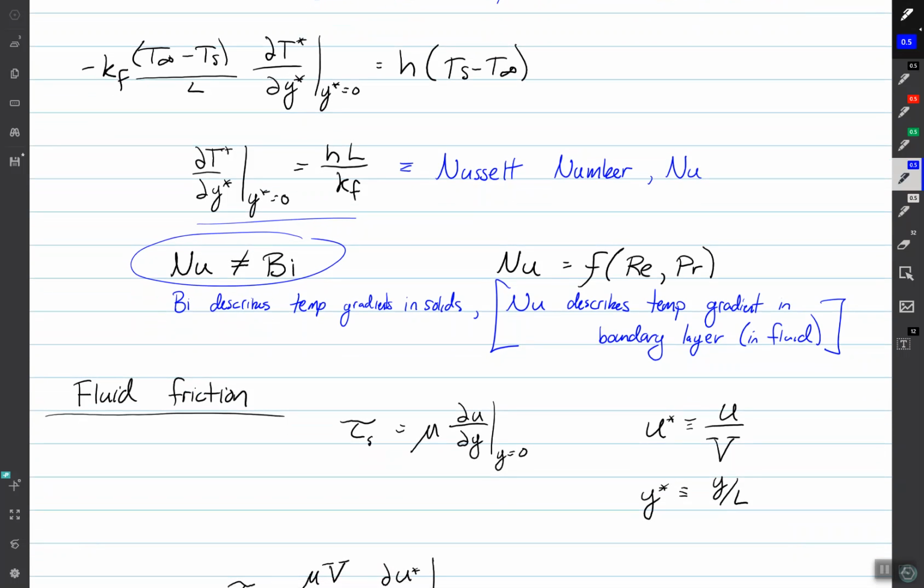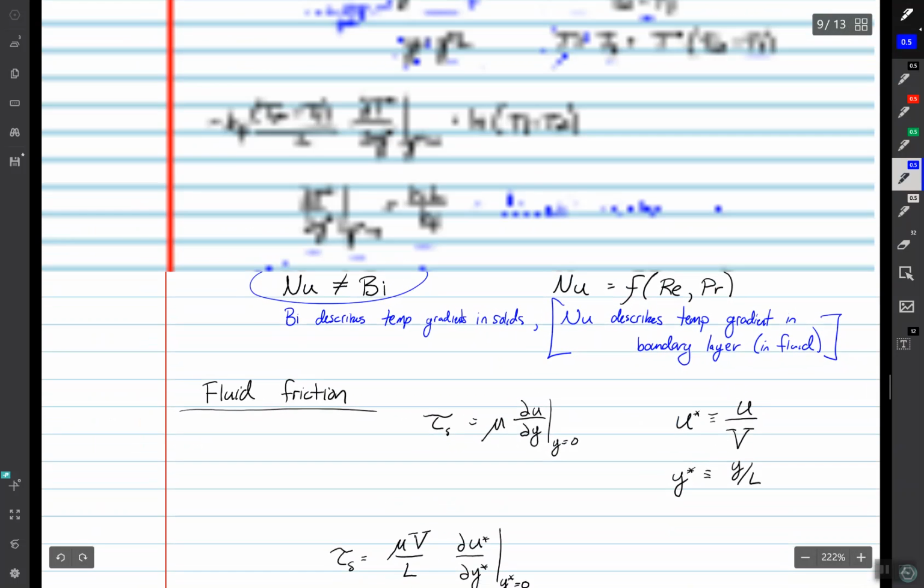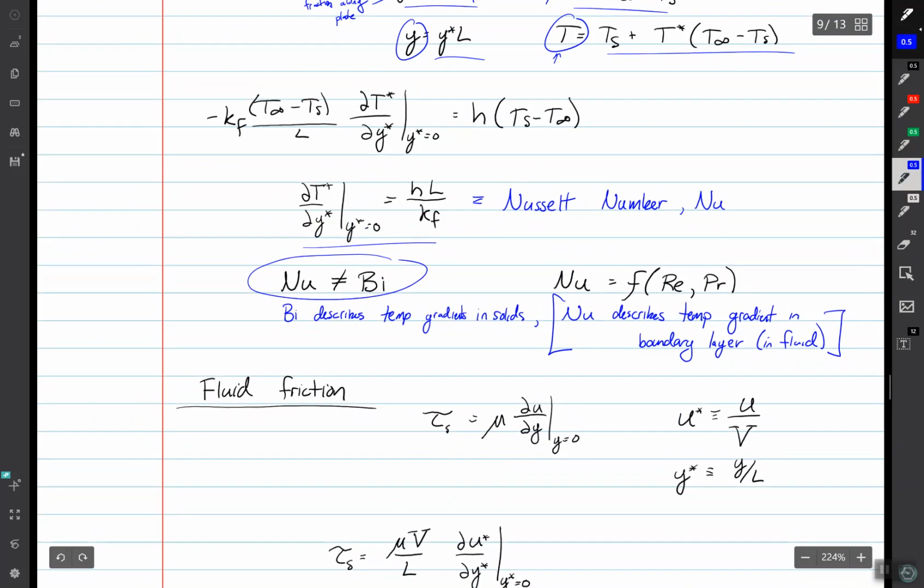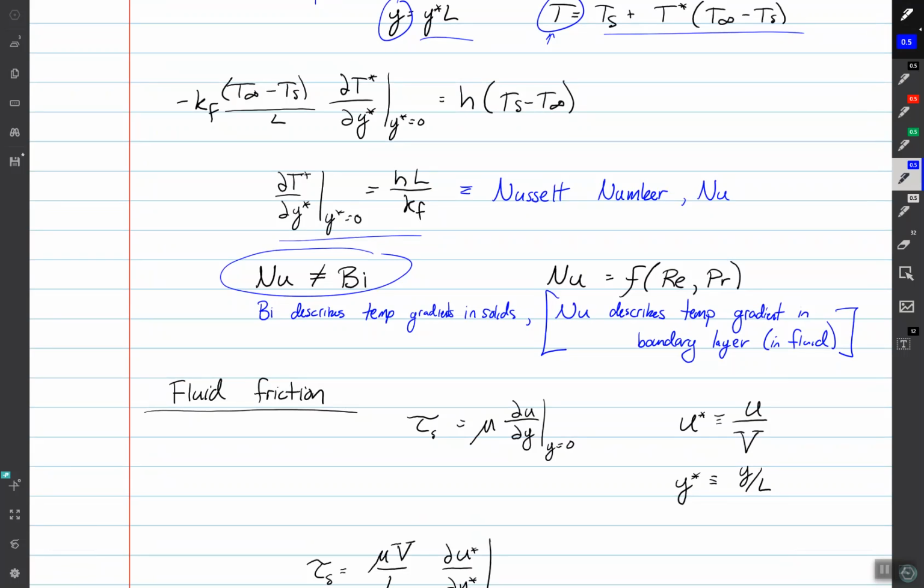So we know from some of the things that we've talked about already with boundary layers, the temperature gradient is going to be changing as we go along the surface from the left side to the right side. So the Nusselt number is going to be changing as we go along the surface. So it's a function of both Reynolds number and the Prandtl number.